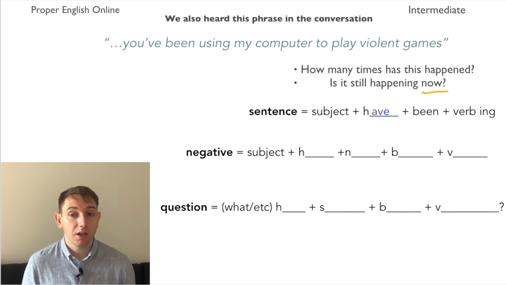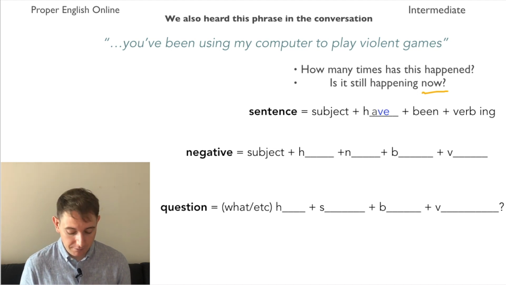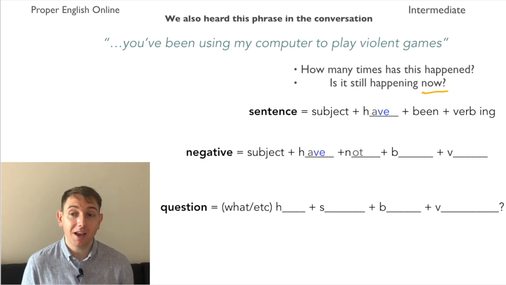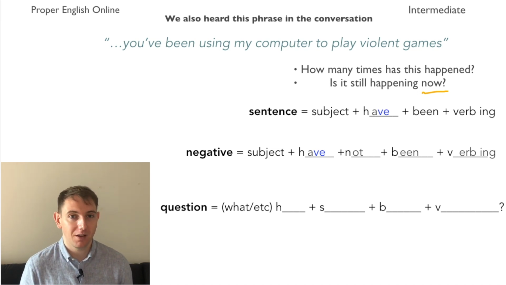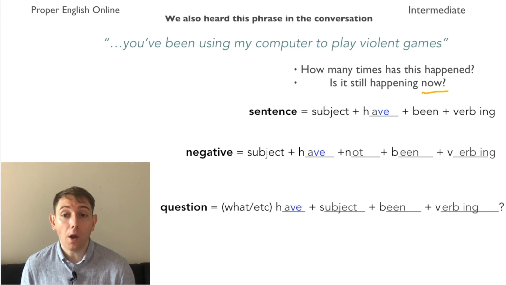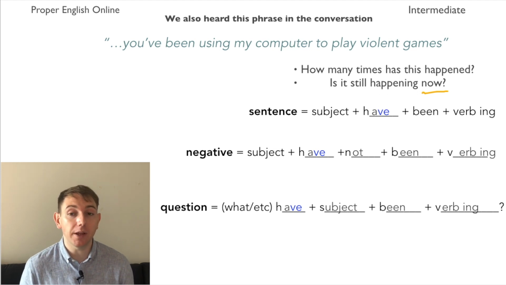A negative, subject, have, not, and then been, verb ing. You have not been doing something. Until now, you have not been doing it. And a question: what, where, when, why, whatever, have, subject, been, verb ing. So where have you been going? What have you been studying until now, right?